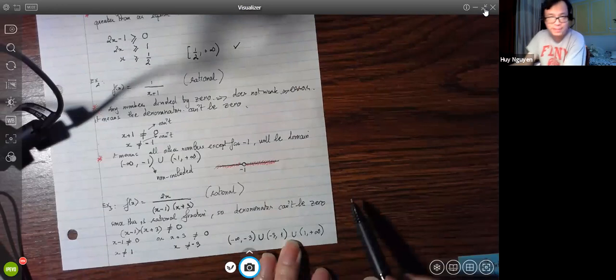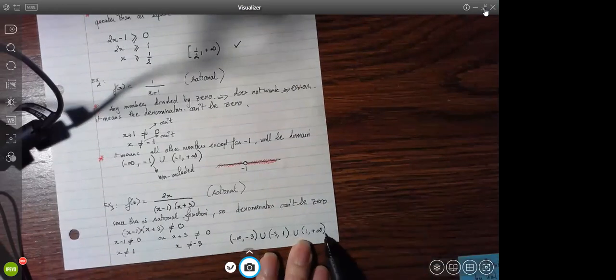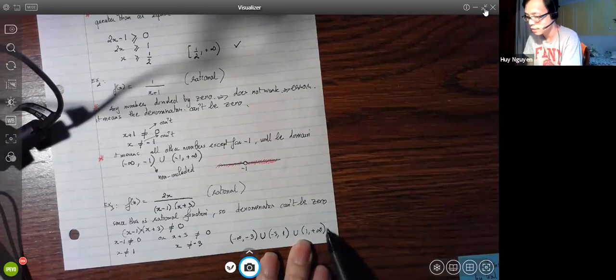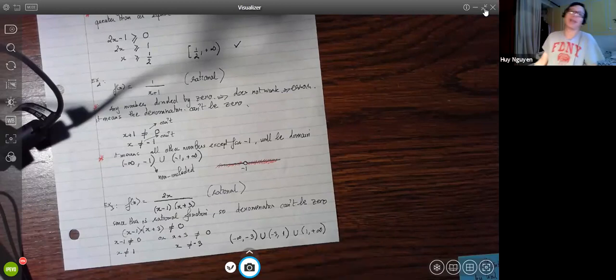At the end, there's only parentheses here. At the end, instead of a parenthesis, why couldn't it be a bracket? Okay, I'll tell you why.